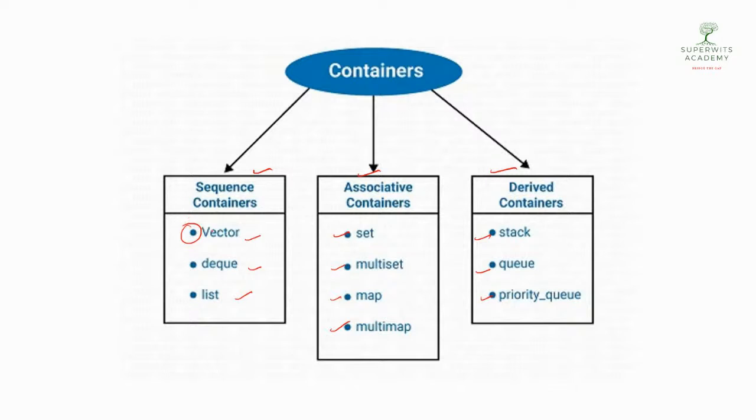And this vector is basically an extended version of arrays, and it allows you to have dynamic size allocation for the data structure. It also allows random access to the data elements that are stored in the data structure.